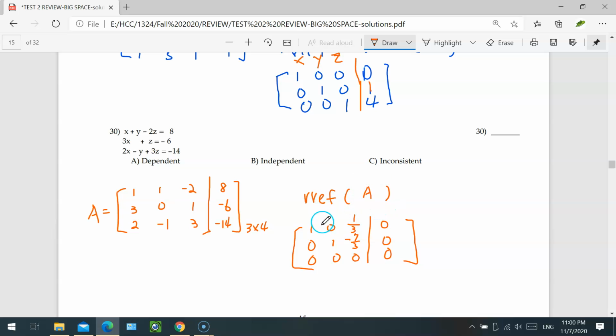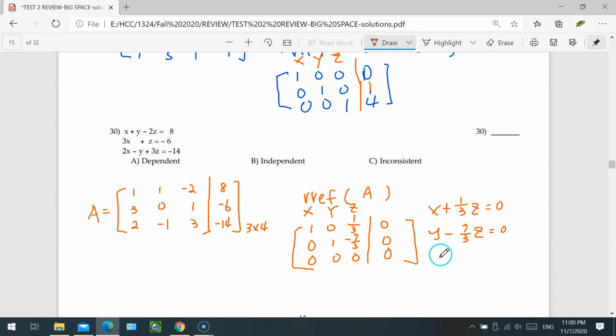And after it runs the RREF, it gives us the result, which is 1. This is X. Okay, let me write down the Y and Z. So the result gives us X plus 1 over 3Z is equal to 0. Y minus 7 over 3Z is equal to 0.